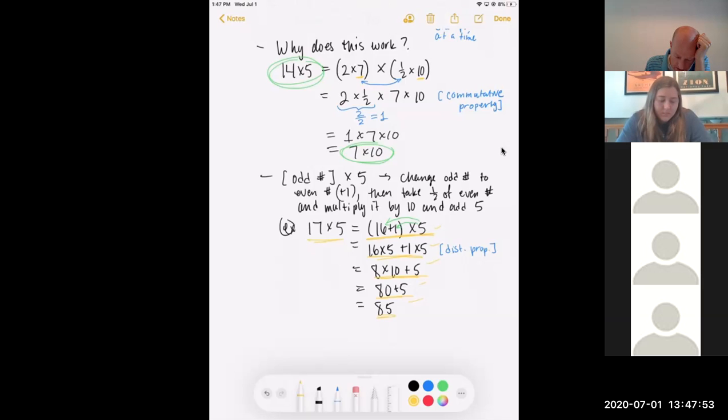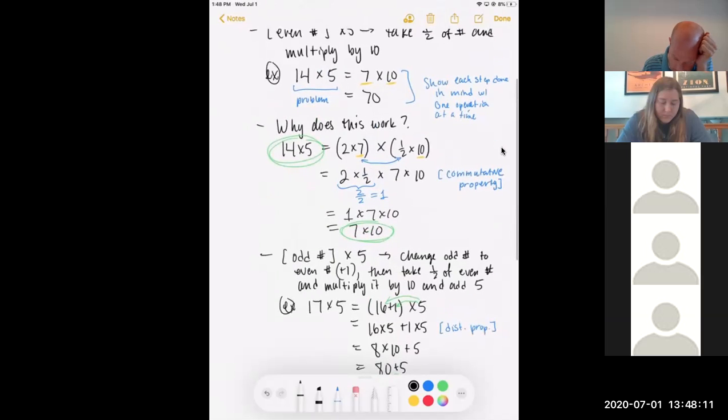Okay, so that's how that structure works for showing your mental math. Okay, so we have 85 there. Oops, I didn't even finish this one. Oh, I did. Yeah, it's up here. And the first one has 70 in it.